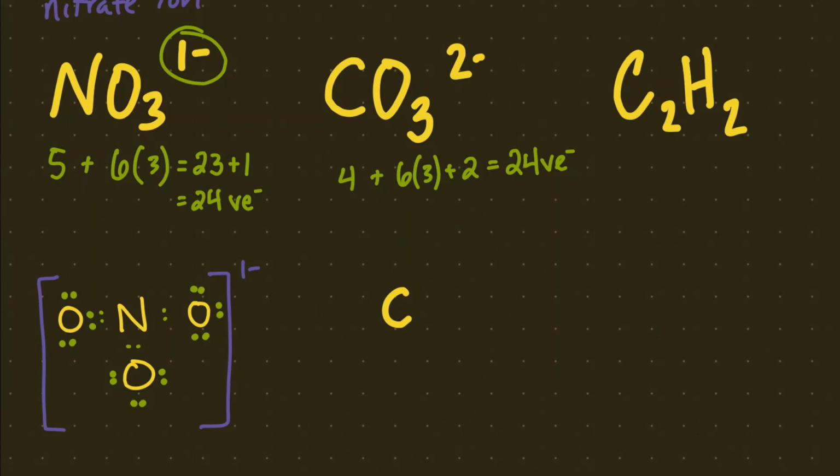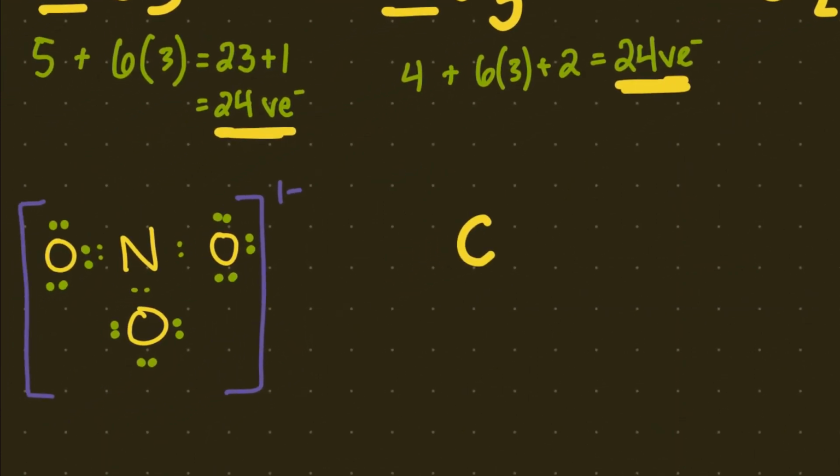My carbon's going to go in the middle, because I have the same number of valence electrons and it's pretty much the same thing going on. We have a central atom with 3 oxygens around it, so I know the same exact thing is going to happen.